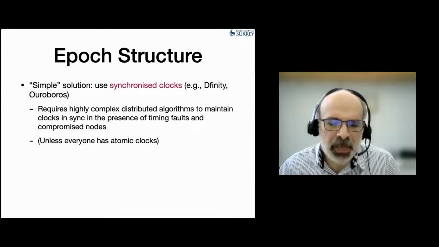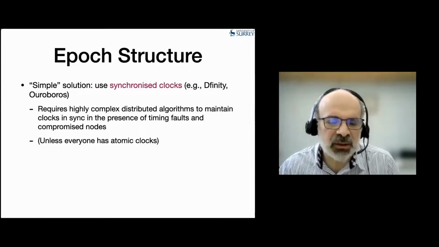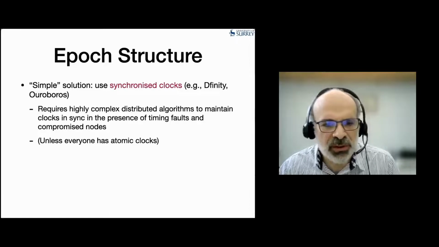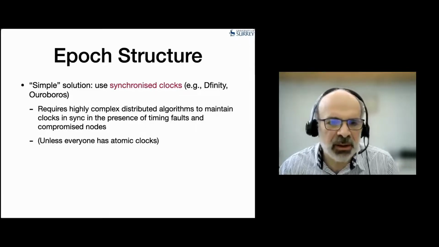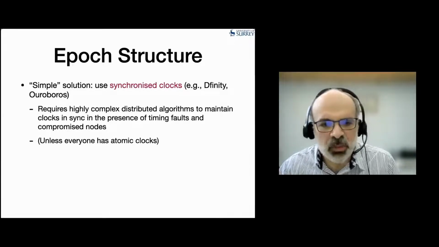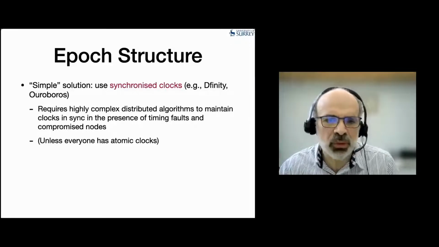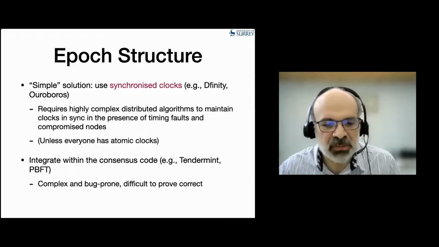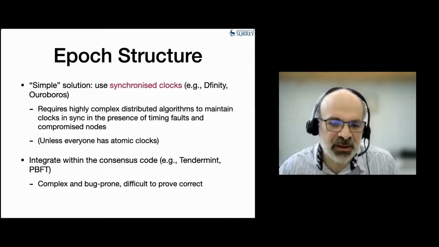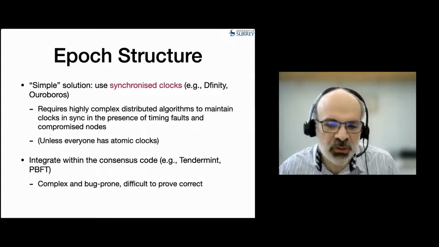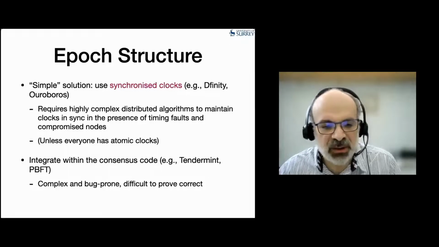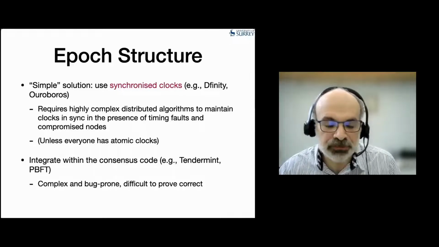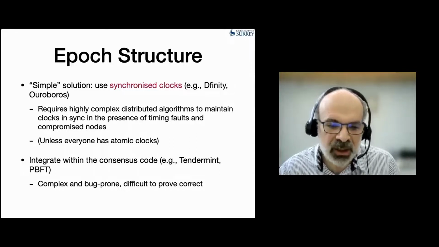But again, synchronized clocks are difficult to achieve, especially at a large scale, and in the presence of timing faults and compromised nodes, so it's better not to rely on them. Another approach we considered is integrating with the actual consensus code, but that results in very complex and bug-prone algorithms.